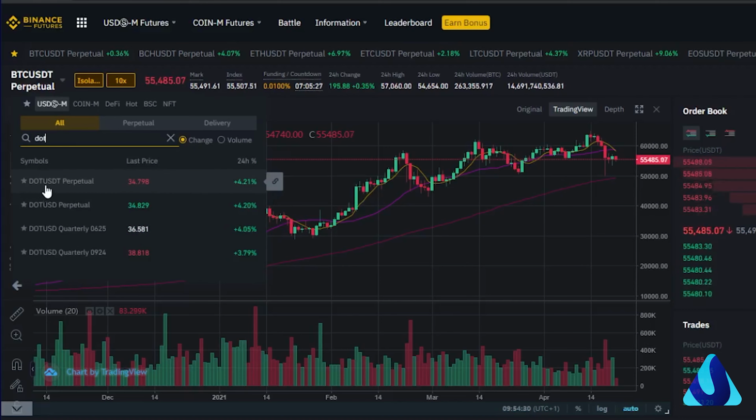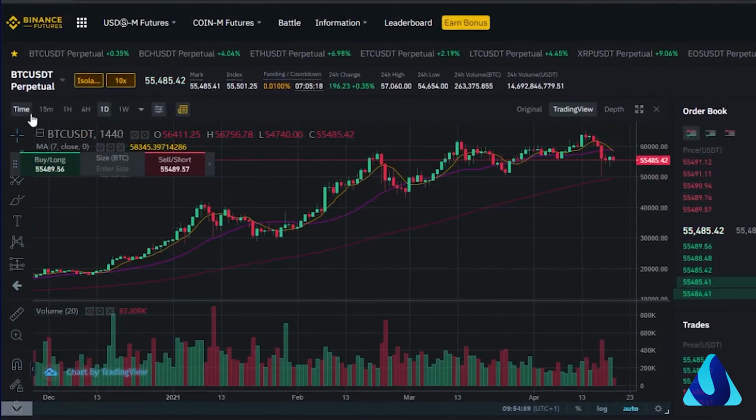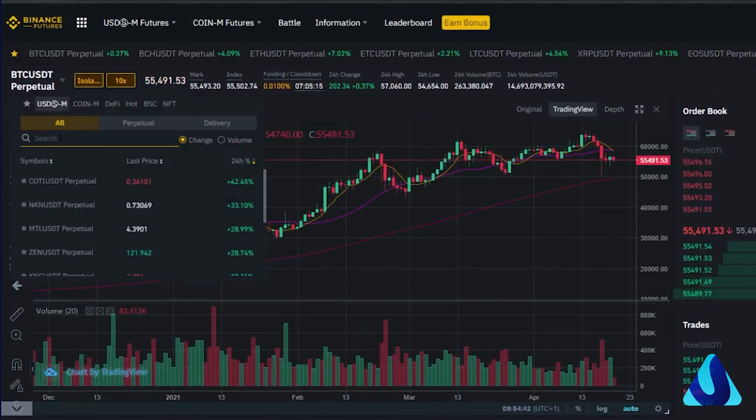Make sure as well that you're looking at the USDT. There's also .USD, .USD quarterly, and a few options on different particular coins that you can look at as well. ETH is another example: ETH USDT perpetual, same again. That is where you find your particular coin pairs that you want to work with.